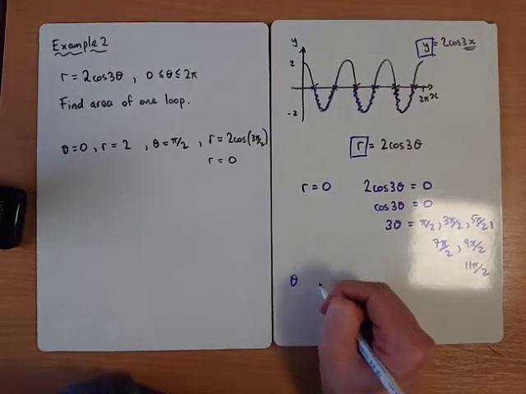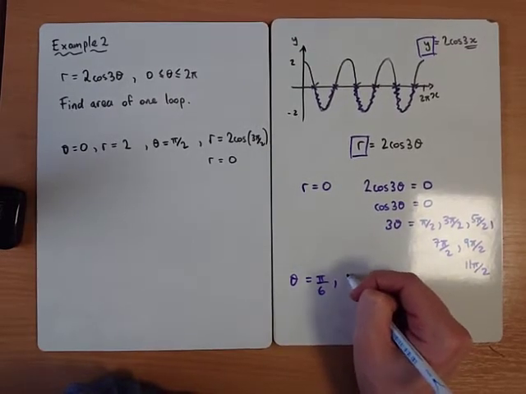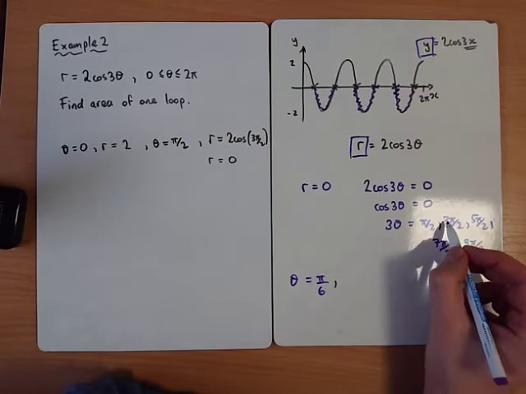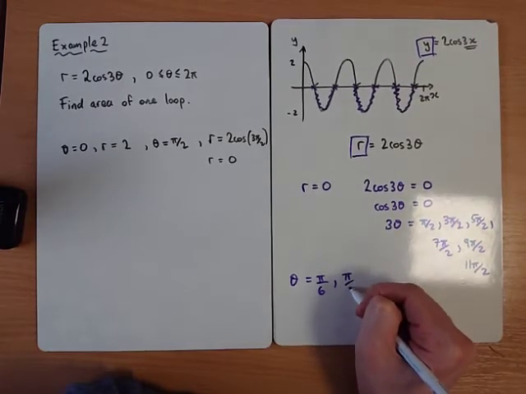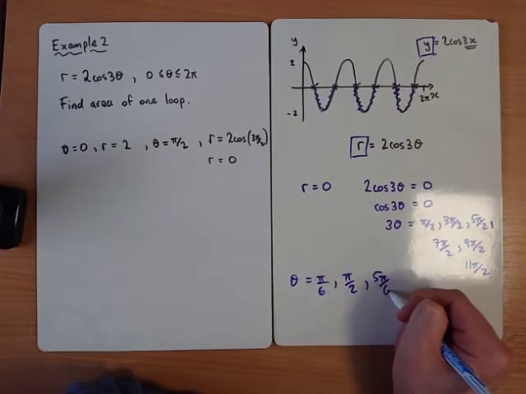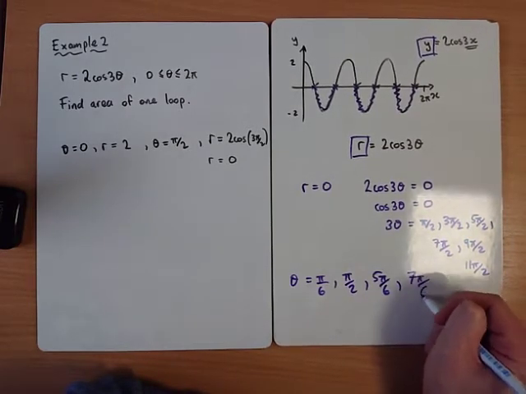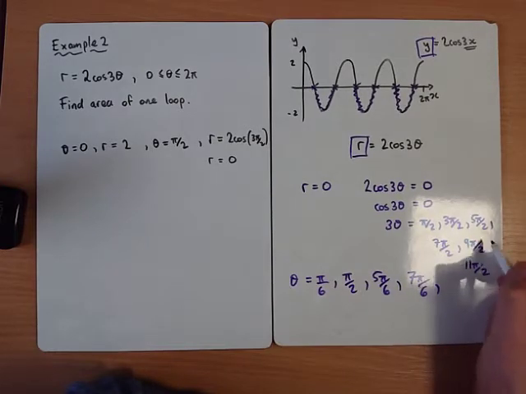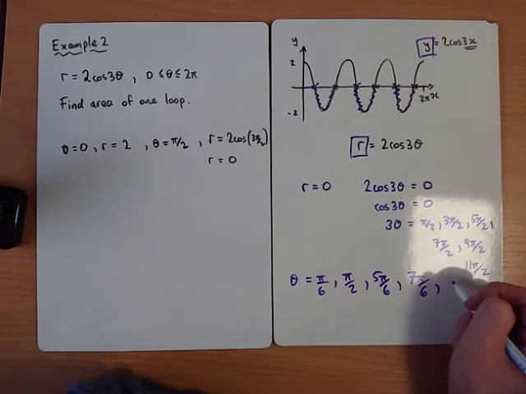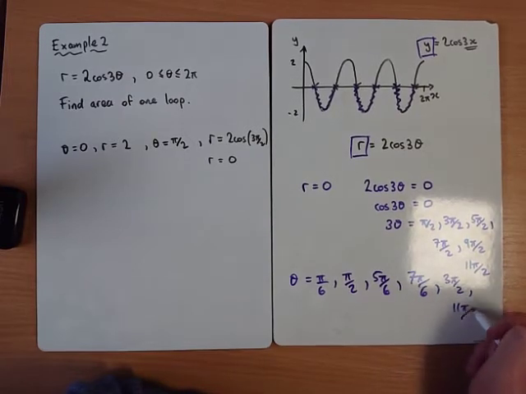So the values for theta would be pi over 6, pi over 2, 5 pi over 6, 7 pi over 6, 9 pi over 6, so 3 pi over 2, and 11 pi over 6.